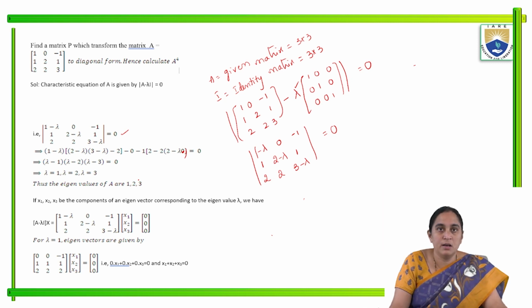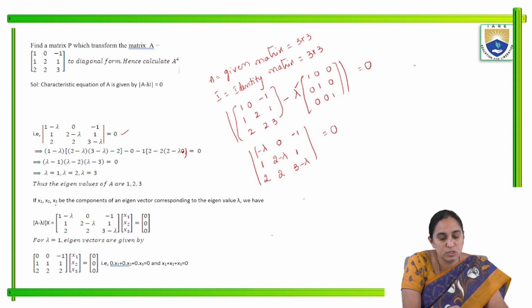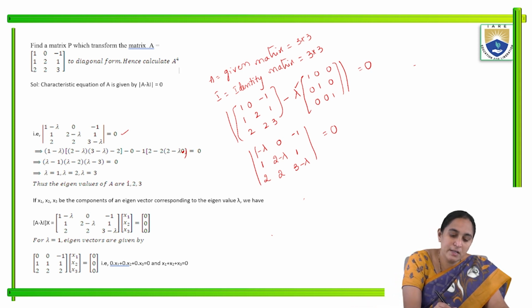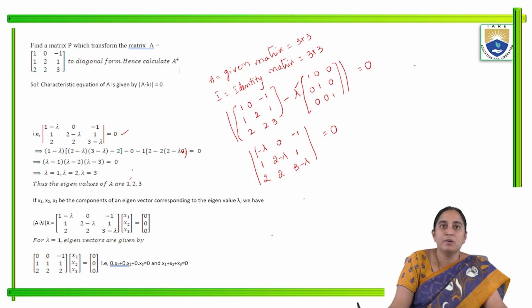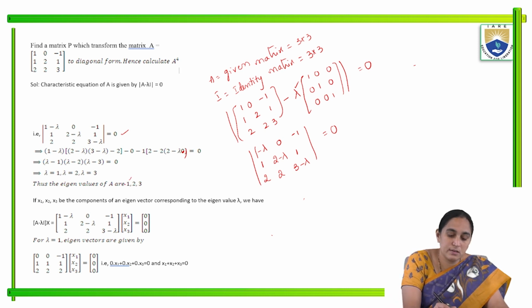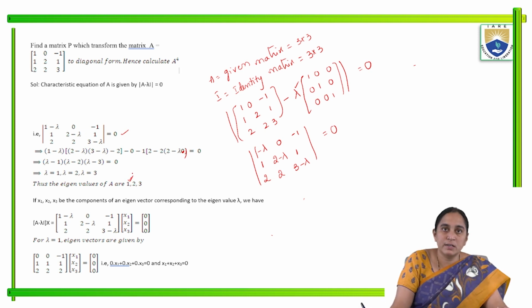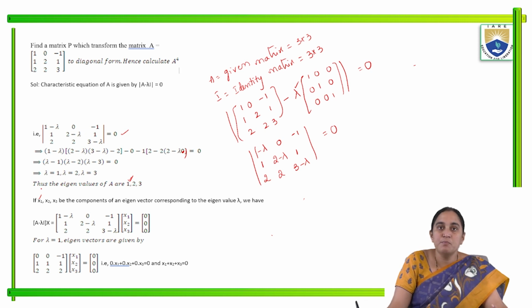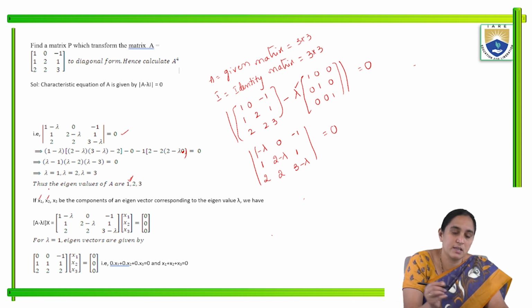What is the concept for finding an eigenvector? This is the formula. If x1, x2, x3 are the components of an eigenvector corresponding to the eigenvalue lambda, then if we are finding the eigenvector for lambda is equal to 1, we assume that eigenvector as x1. Similarly, for lambda is equal to 2, we assume the corresponding eigenvector as x2.